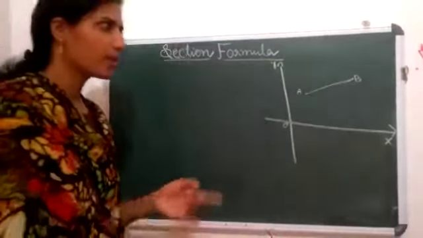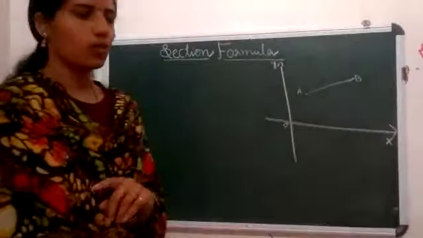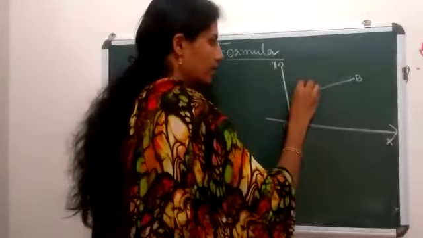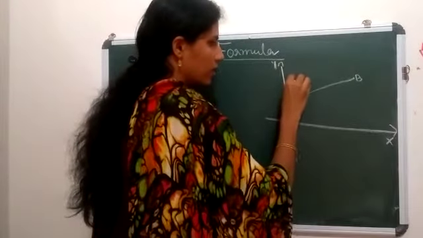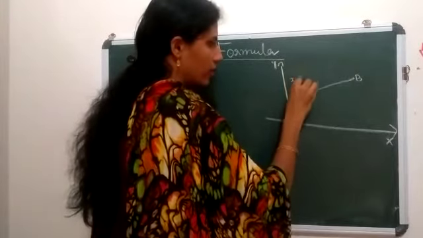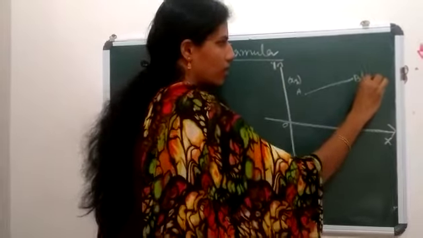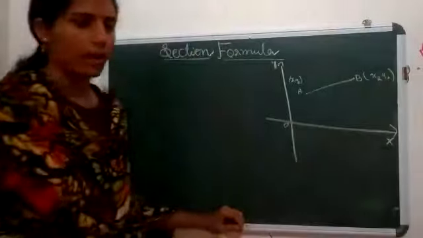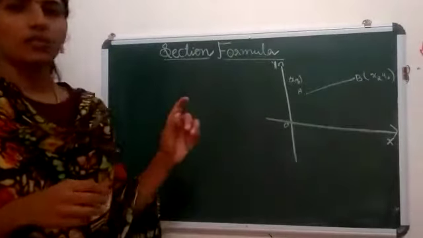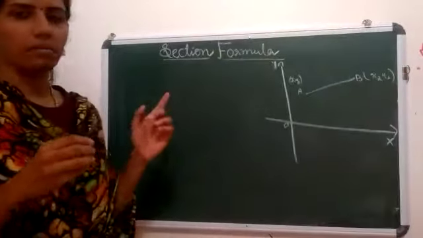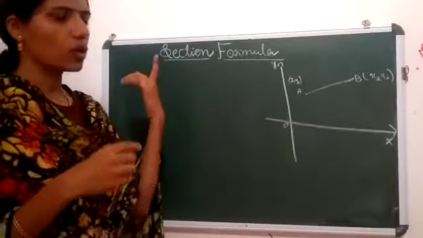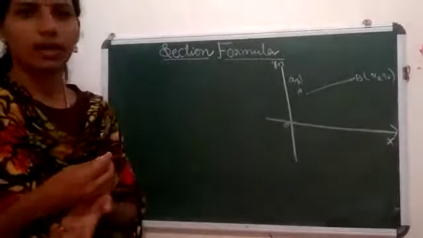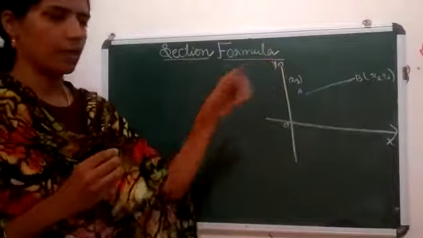That is, A, B are the 2 points. Their coordinates are x1, y1 and B coordinate is x2, y2. Okay. Now, there is one point. That point is going to split the line segment AB.